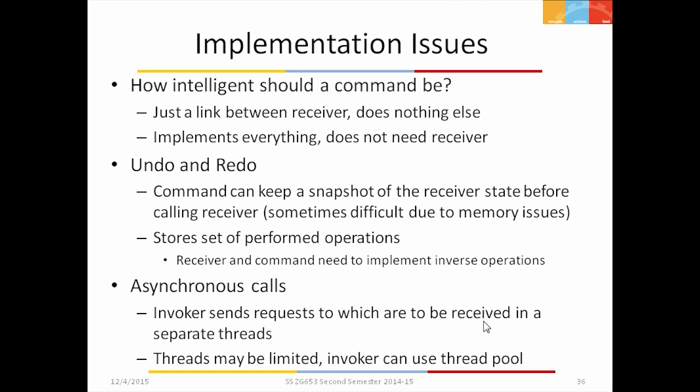Essentially, that queue that I talked about, which contains a list of commands, when these commands are dispatched from that queue, they might be dispatched to different threads in order to parallelize it, and there could be a thread pool using which the invoker can dispose of those requests one after another. But of course, when there is a thread pool, there is a limit on the number of threads that can be executed, and only to those many workers can the invoker ask to execute the command.